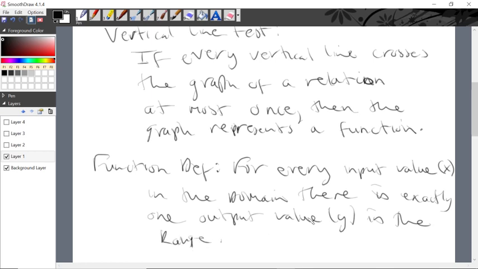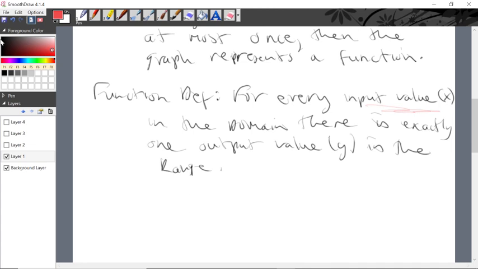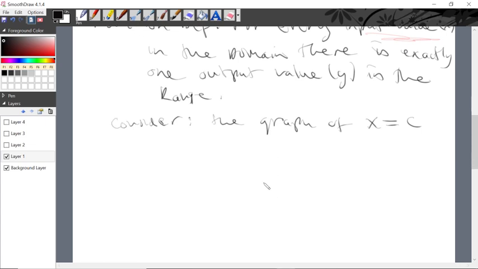And our graphical interpretation of choosing an input value and then graphing it: consider the graph of x equals c, where c is a constant, our choice of an input value. That graph would be a vertical line.